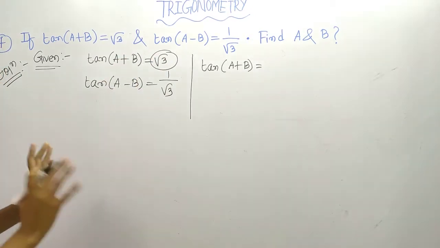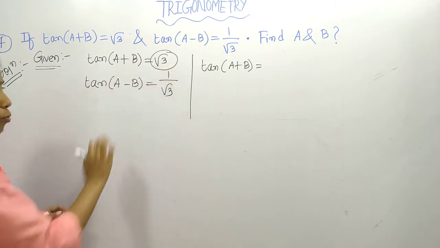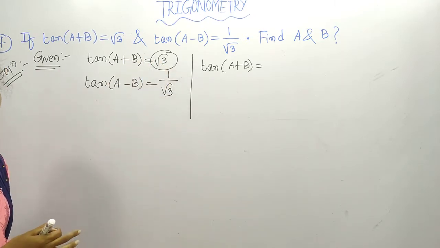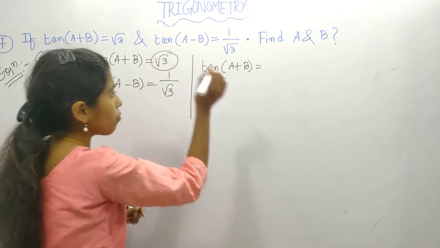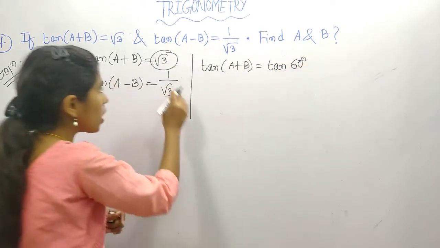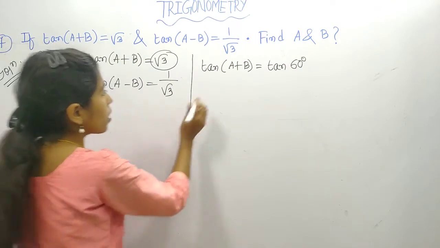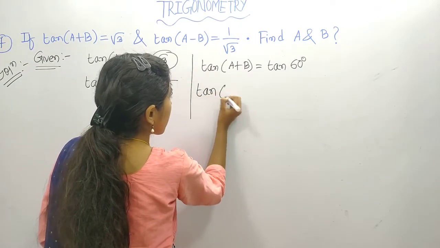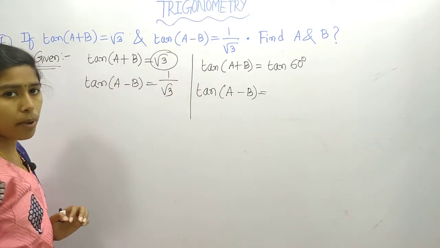So we know from the trigonometry table that the value of tan 60 degree is root 3. So here instead of root 3 we will write tan 60 degree. Same, tan(A - B) equals, here it's given 1 by root 3.